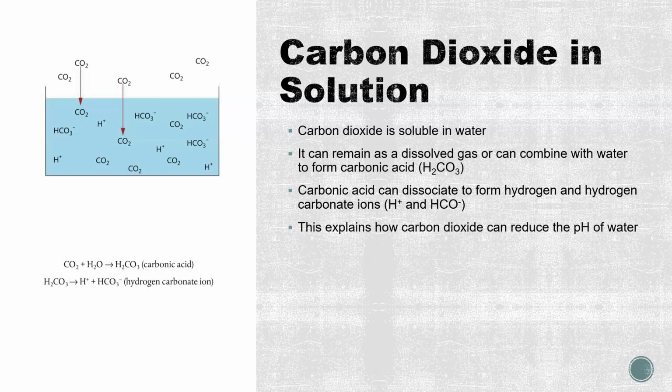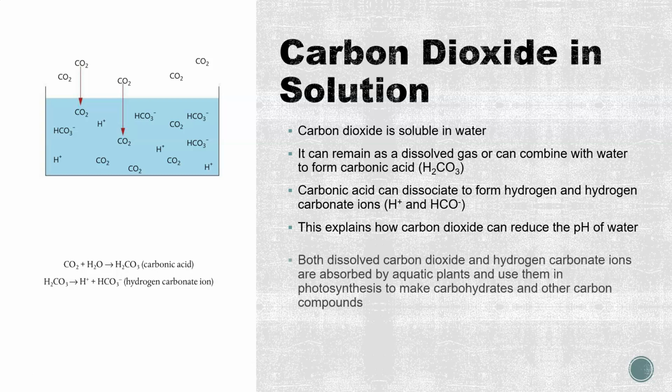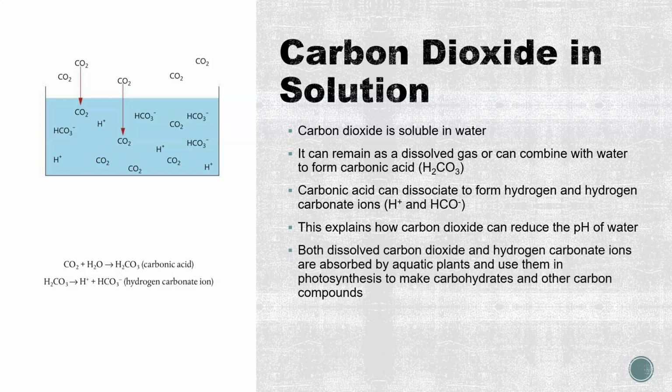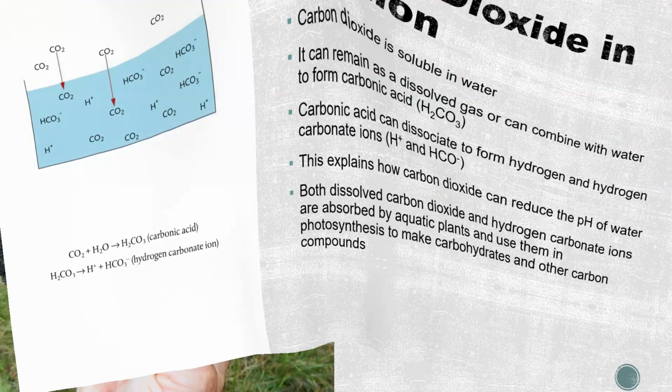This explains how carbon dioxide can actually reduce the pH of water. Both dissolved carbon dioxide and hydrogen carbonate ions are absorbed by aquatic plants, and they use them in photosynthesis to make carbohydrates and other carbon compounds.